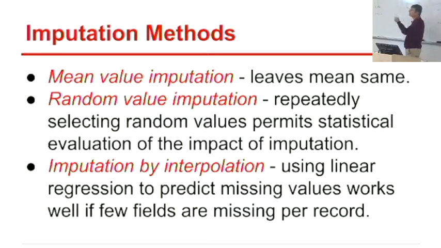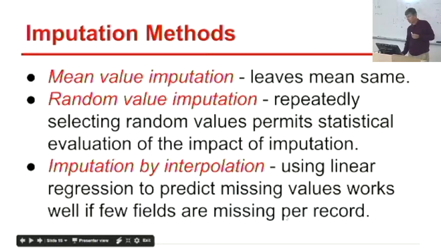You figure, well, let's assume the country is round or assume the country is square, right? More generally, you can build a machine learning model, sort of a regression model, to try to predict what the unknown values are from everything else around it.